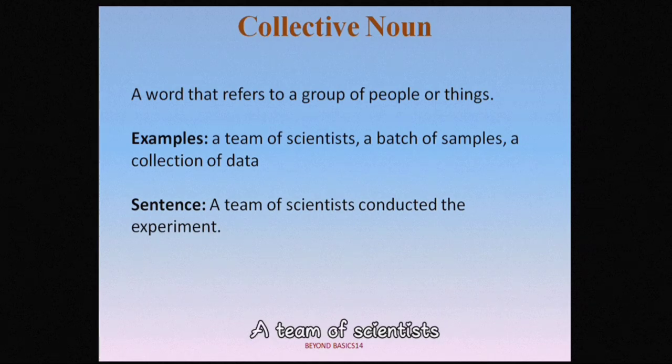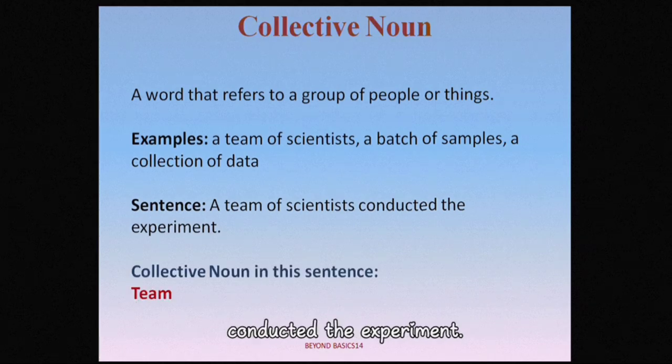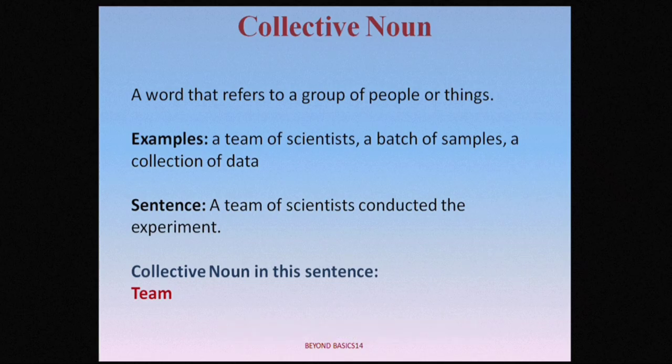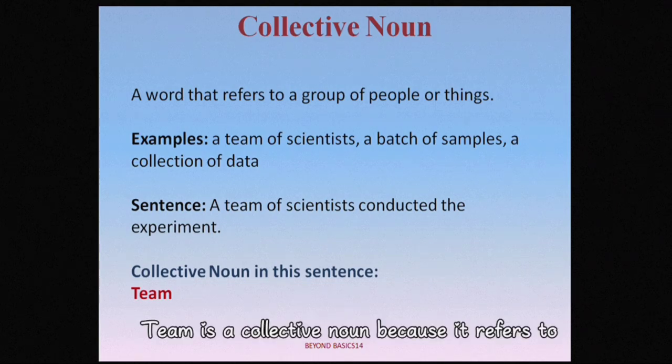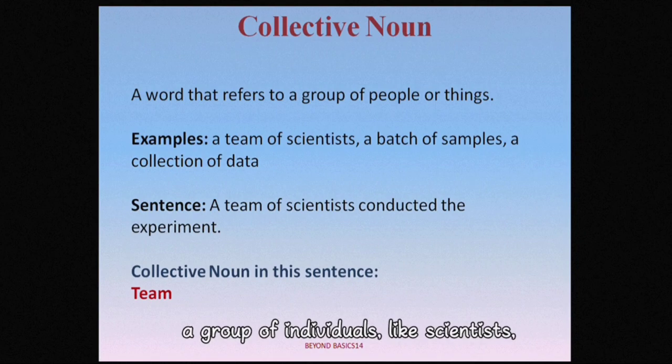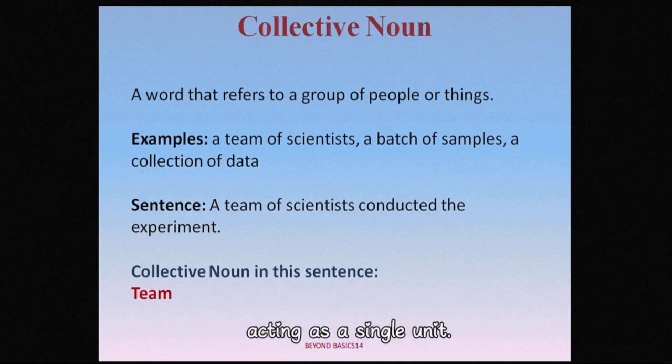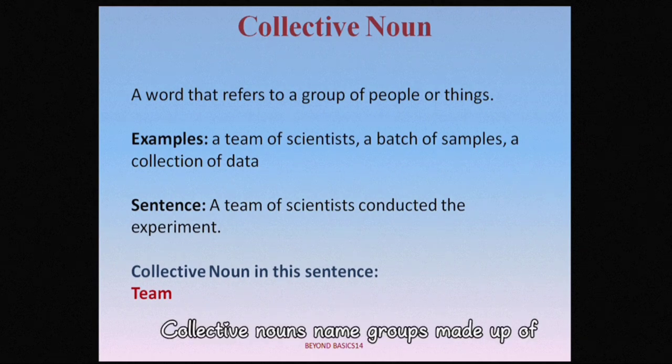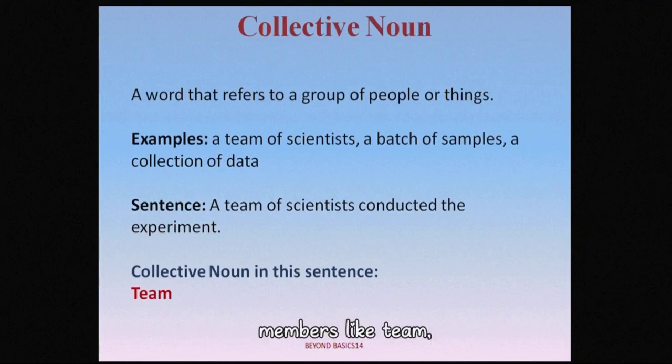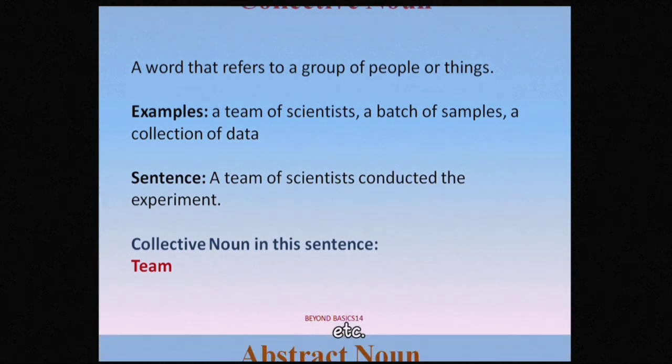A team of scientists conducted the experiment. Collective noun here is team. Team is a collective noun because it refers to a group of individuals, like scientists, acting as a single unit. Collective nouns name groups made up of members like team, family, class, committee, etc.